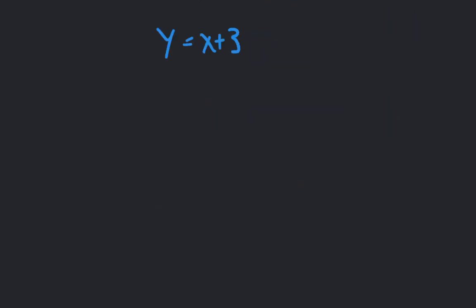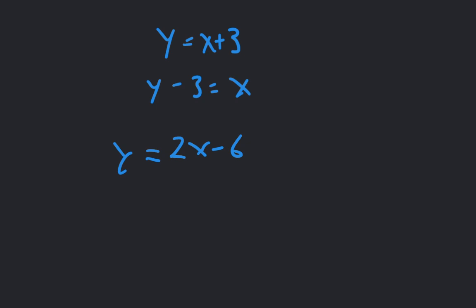Sometimes in algebra, we want to isolate one variable instead of the other. So in this instance, if we want to solve for x, we just say y minus 3 is equal to x. We just add negative 3 or subtract 3, whatever you want to say. In the other example, y is equal to 2x minus 6, it's the same sort of idea.